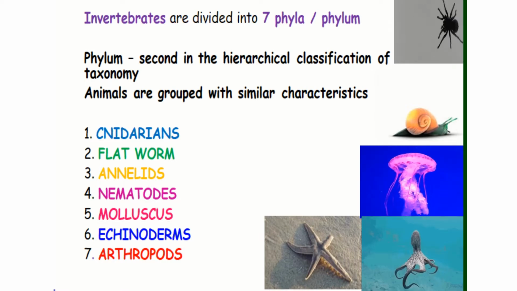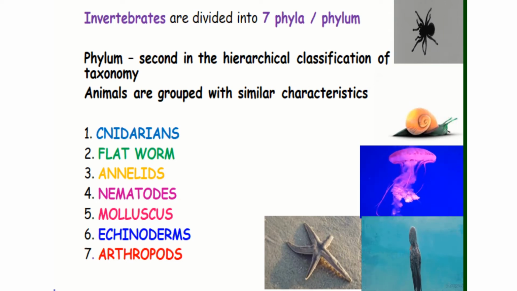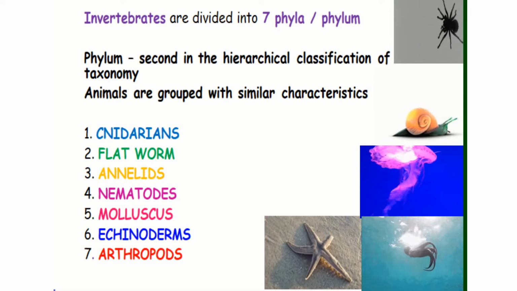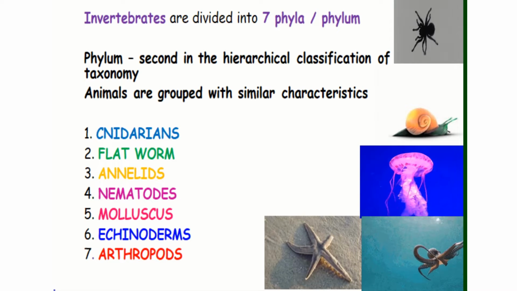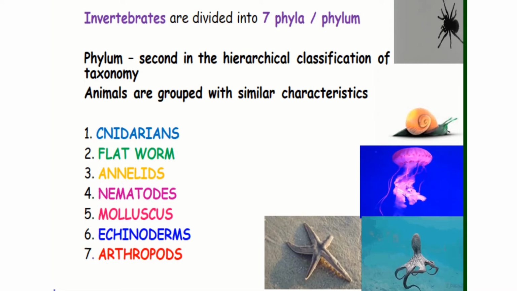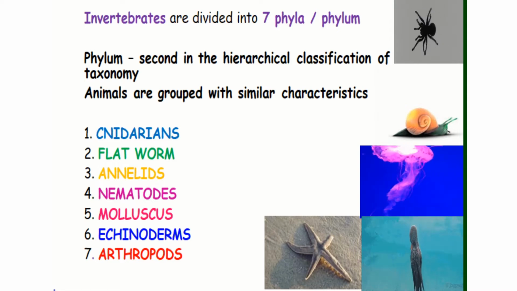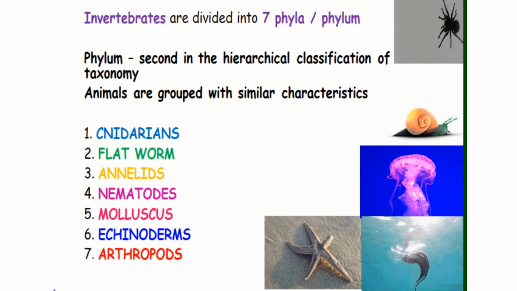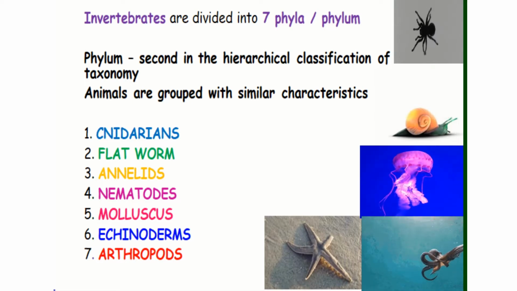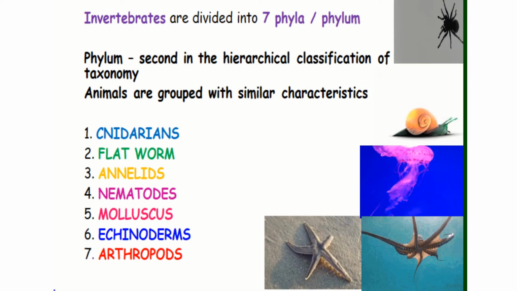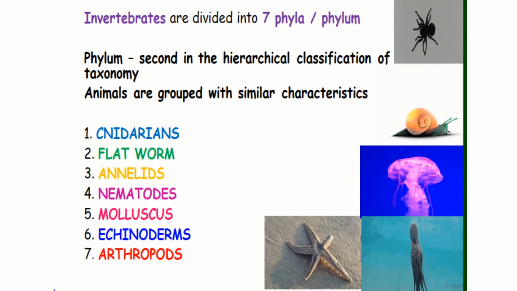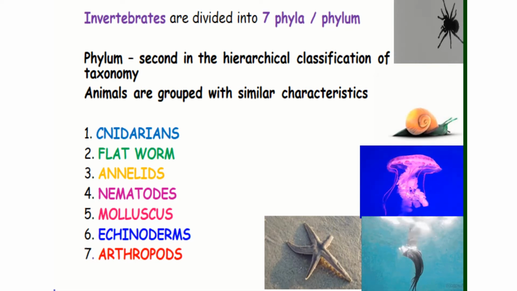You might be wondering what is meant by phylum. Some of you might think, yes, teacher, we remember because we studied about this in the last class of hierarchical classification of taxonomy. Just recall the last lesson. We studied about kingdom, right?